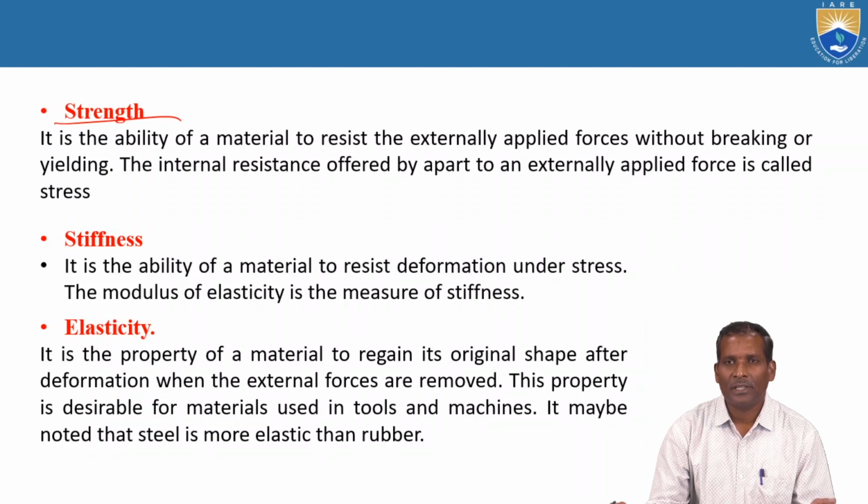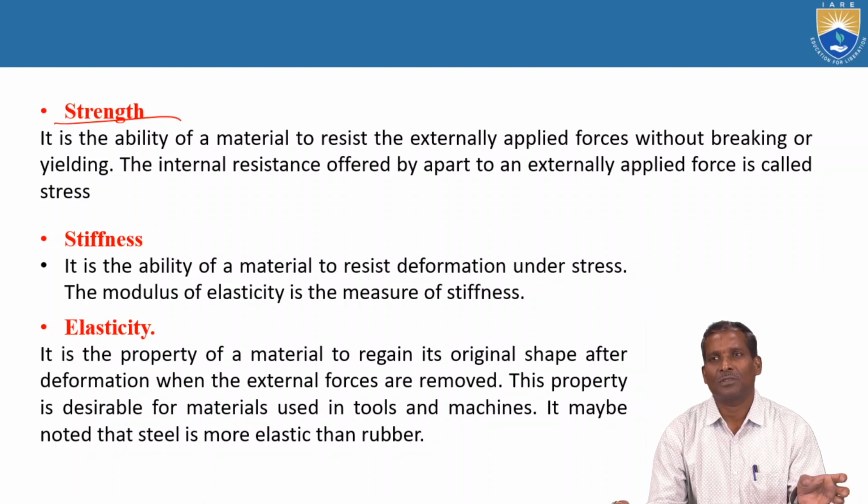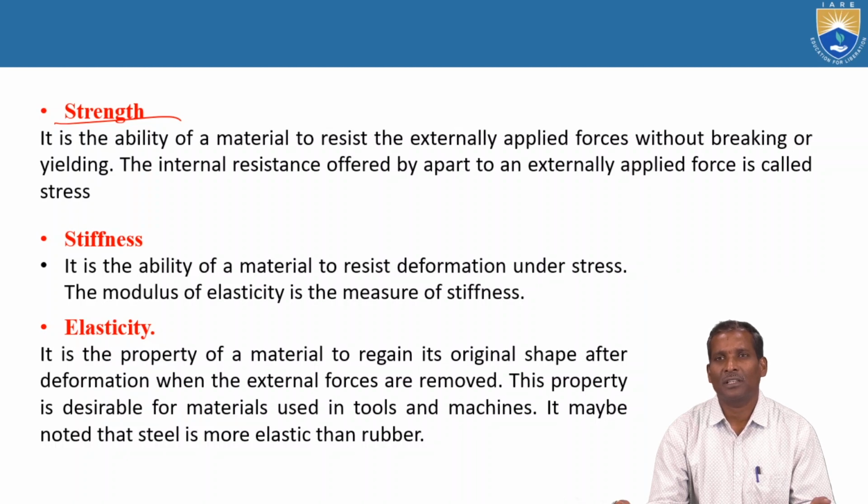So already you know the internal resistance offered by a part to an externally applied force. Suppose you are applying an external force, the internal resistance force is called stress. Due to the internal resistance force, some deformation will occur in that material. The obtained deformation is called strain.